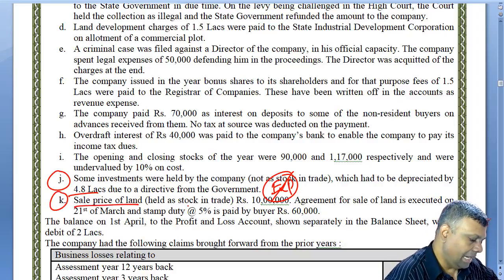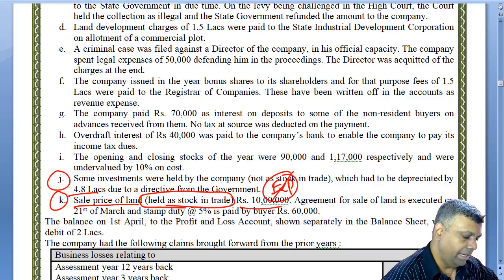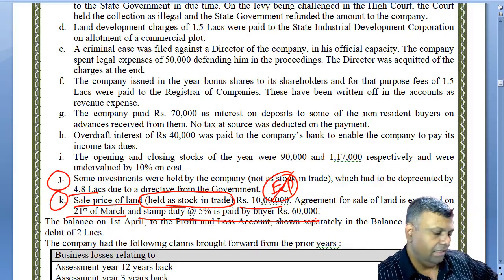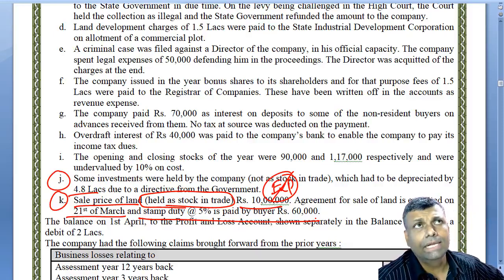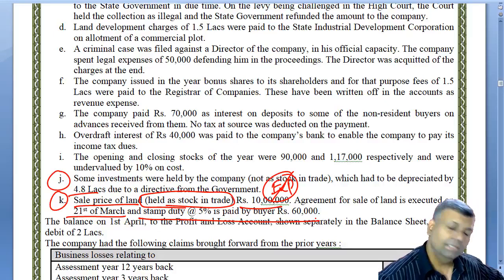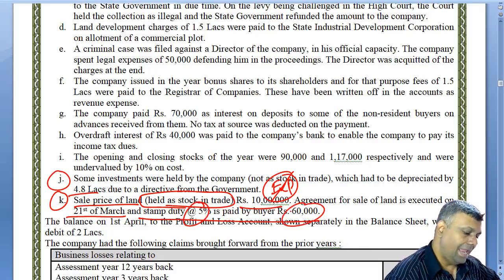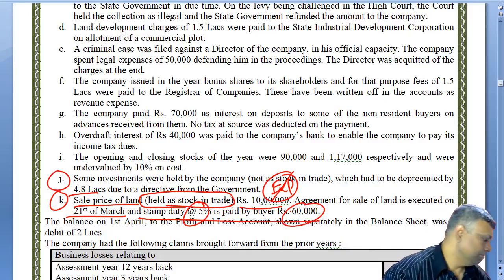The sale price of the land held as a stock in trade, 10 lakh rupees. Agreement for the sale is executed on 21st of March and the stamp duty is paid at the rate of 5%. Okay, so why is this given 5%? So I want the stamp duty value first of all.